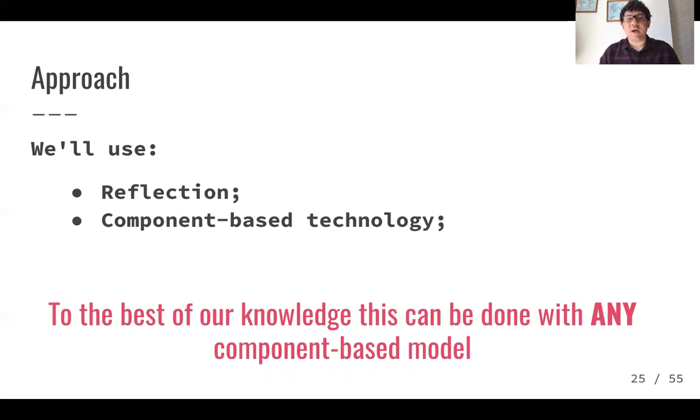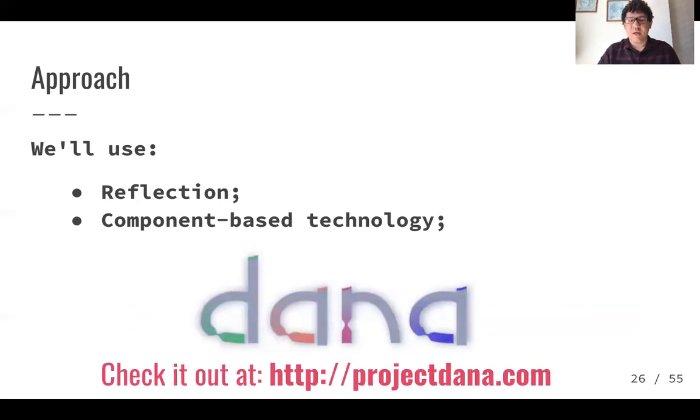You can use OpenCom, Fractal, OSGi, any of them. We decided for this presentation to use Dana, and you can check out the Dana project at projectdana.com. We chose Dana because we believe that it is the most advanced component-based model out there, and because it really merges the ideas of object-oriented programming and component-based models.